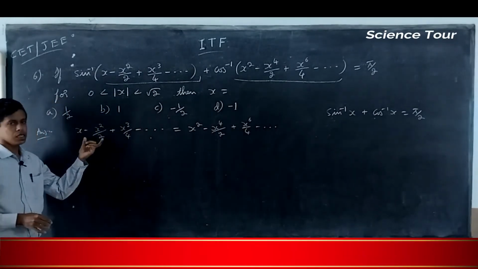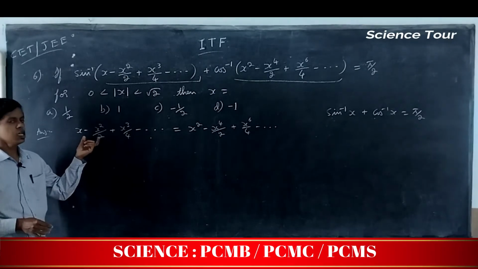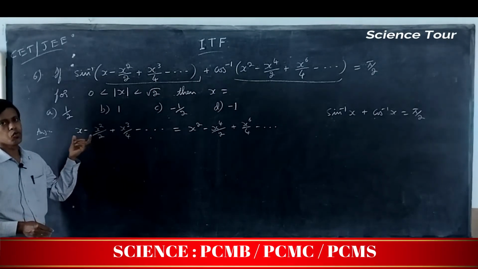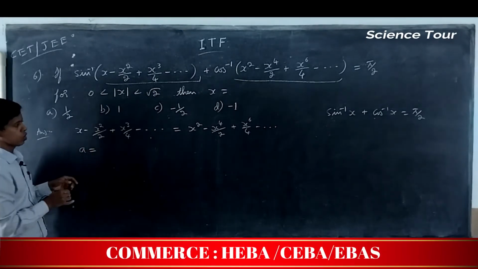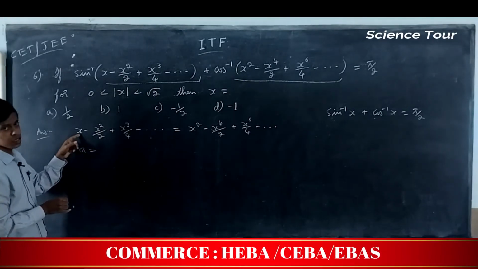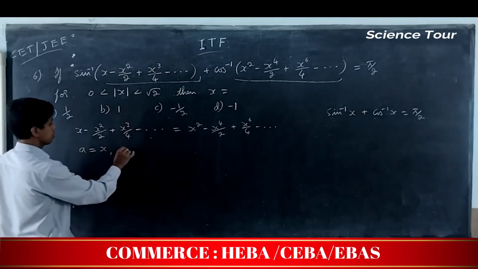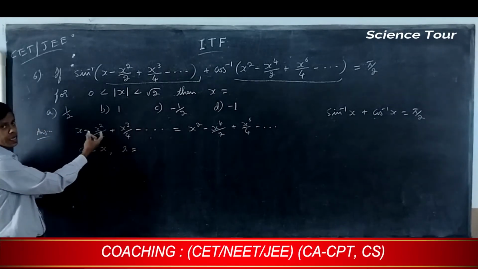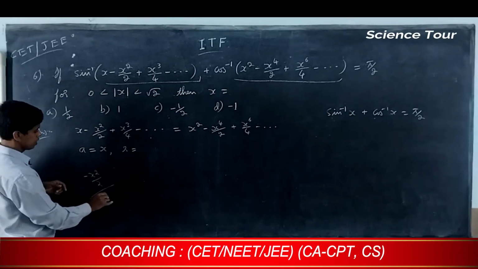Now, is it AP or GP? This is a geometric progression, and I'll tell you why. You have a common ratio. The first term A is x, and the common ratio is the second term divided by the first, so minus x square by 2 divided by x.